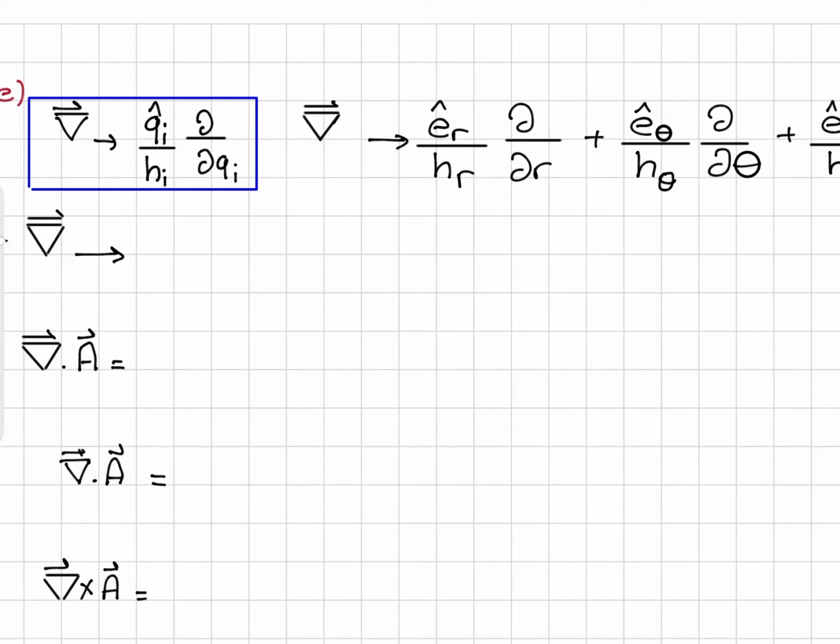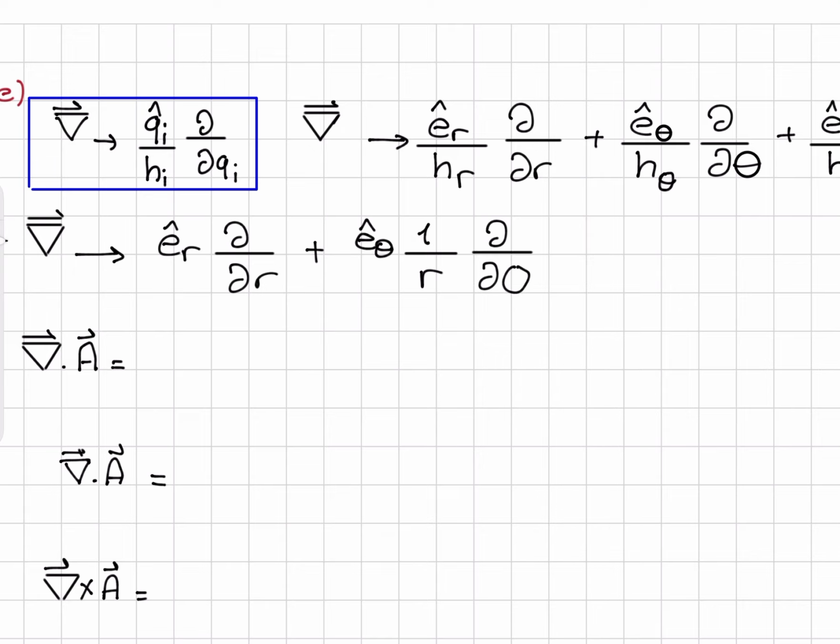So substituting what we have for the scale factors: we found in part C that h_r is equal to 1, so this is simply e_r hat del del r. For e theta hat, the scale factor h theta is r, so we have 1 over r del del theta.